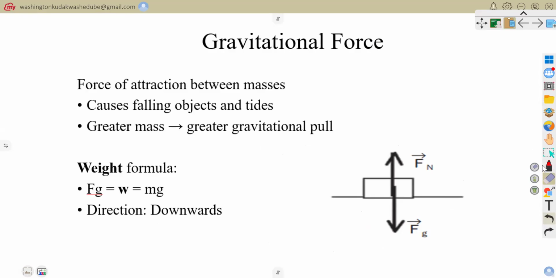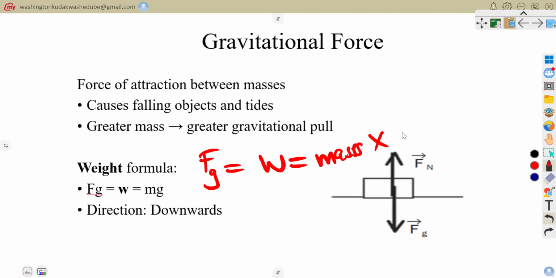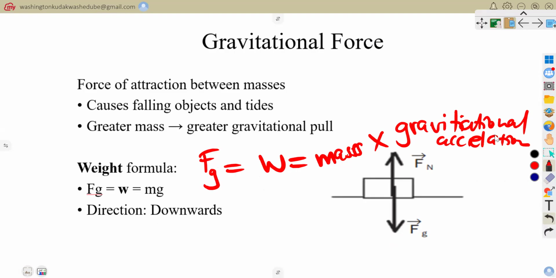Your gravitational force depends on the mass of an object. Why is that so? Because we define the gravitational force with a certain law, which says that the gravitational force, which we refer to as our weight, which we can represent by Fg or by W, is defined by the mass of an object times the gravitational acceleration, which is represented by g.